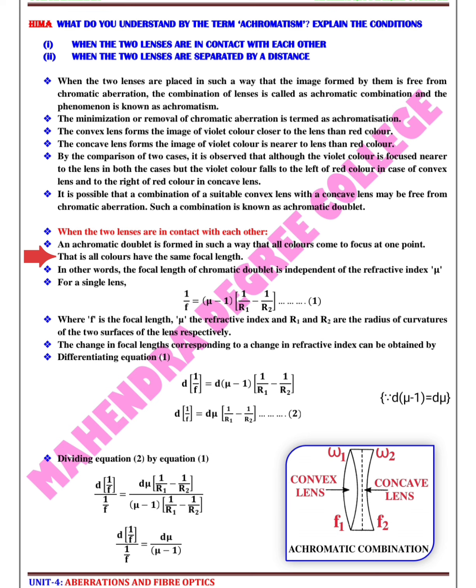It's important because lenses bend different colors differently, causing chromatic aberration or color blur. But in an achromatic doublet, all colors are adjusted to have the same focal length. So the image is clear and sharp.